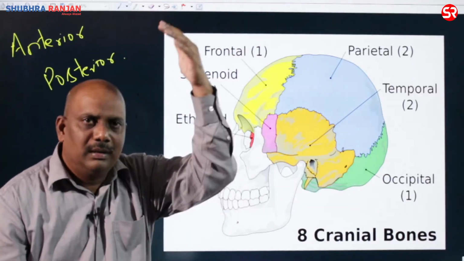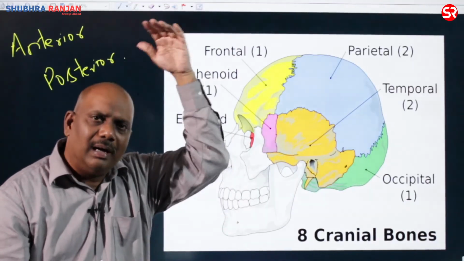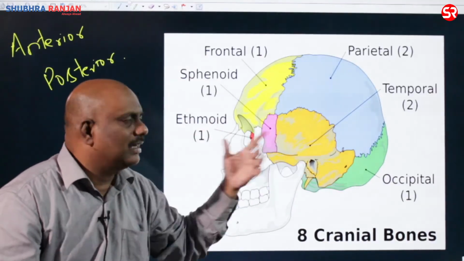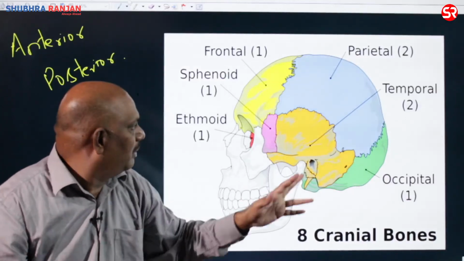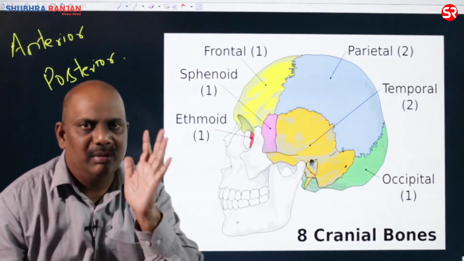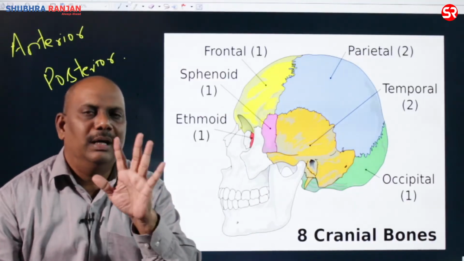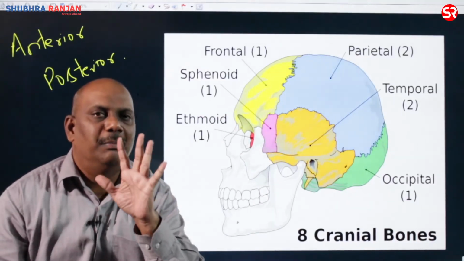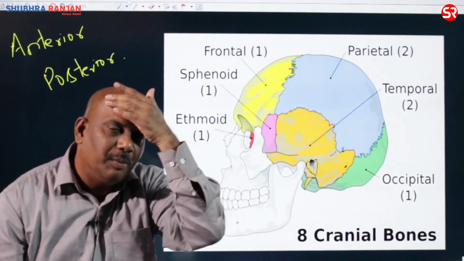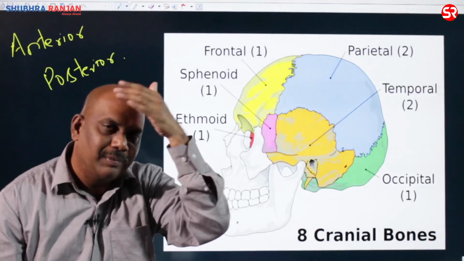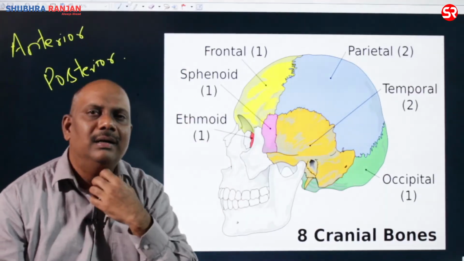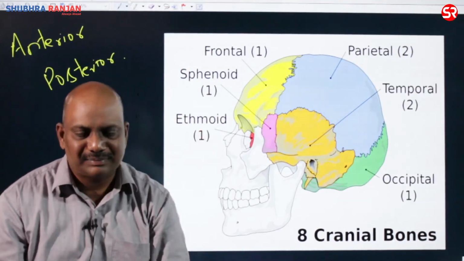Frontal, parietal region and then occipital. The sides are called temporal. Do not worry about the sphenoid and the other bones. At least remember the 4 important bones or regions of the cranium: the frontal portion, the parietal, the occipital and the temporal.